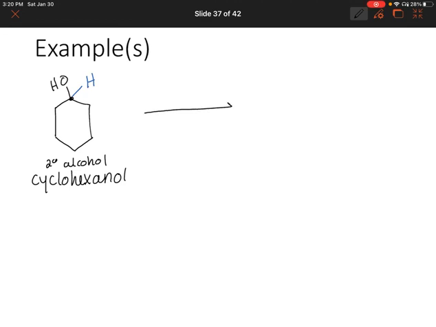Okay, so if we oxidize a secondary alcohol, so let's say we're using sodium dichromate with sulfuric acid and water, what do we expect as our product? What do secondary alcohols turn into? Ketones.